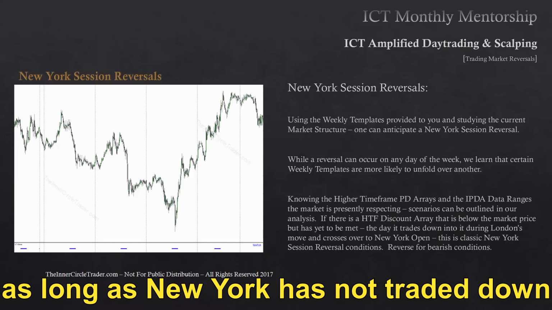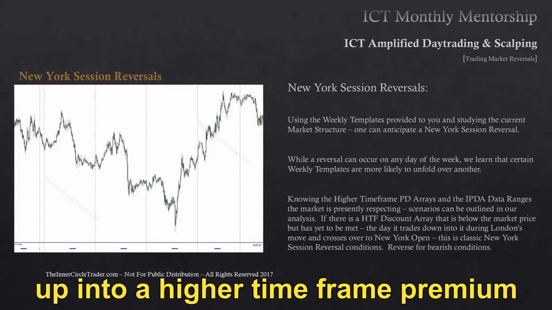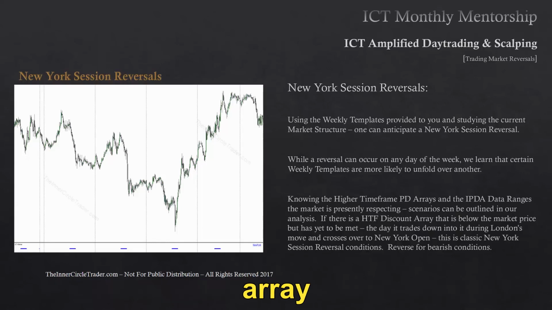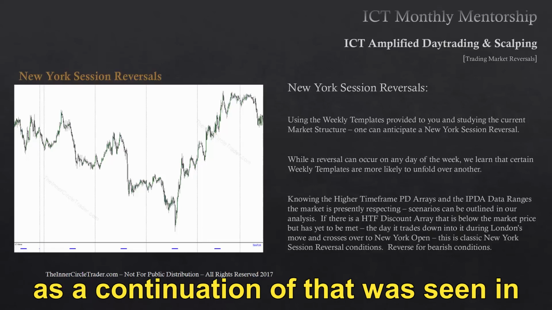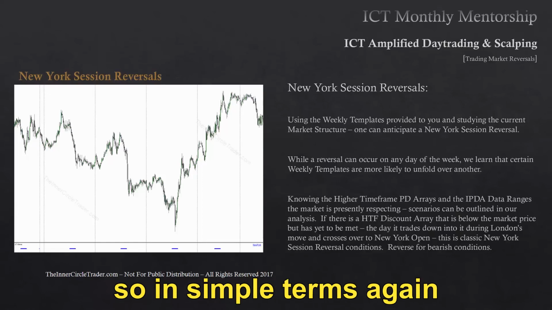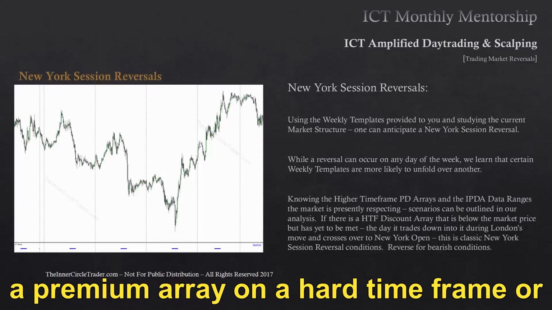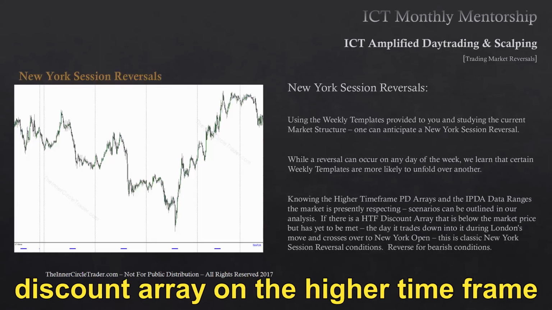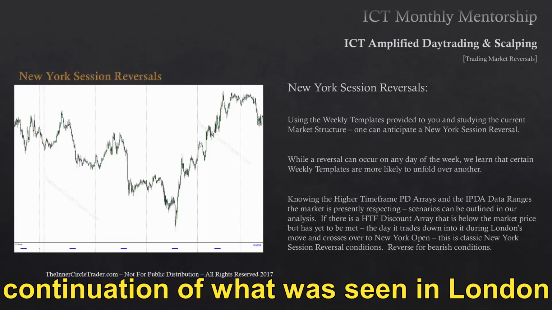As long as New York has not traded down into a higher time frame discount array or up into a higher time frame premium array, New York session will always be slated as a continuation of what was seen in the London session. So in simple terms again, unless the New York session opens up at a premium array on the higher time frame or a discount array on the higher time frame, New York will always be expected to be a continuation of what was seen in London.